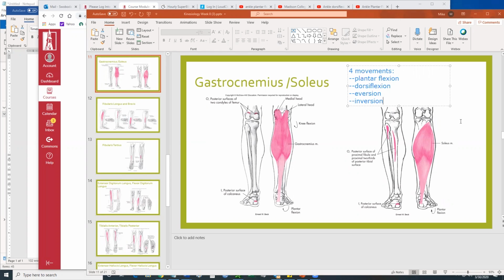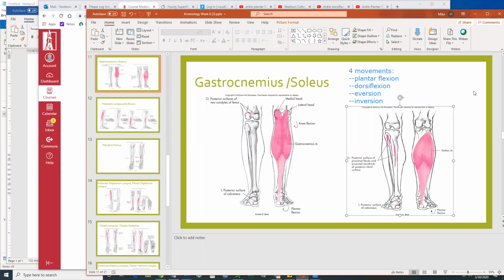So there are your 4 main movements you have with the foot and ankle: plantar flexion, dorsiflexion, eversion, inversion.